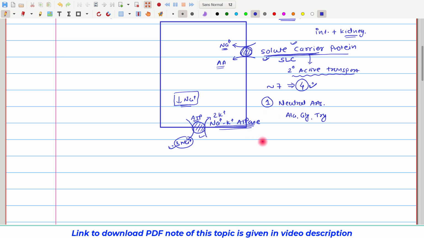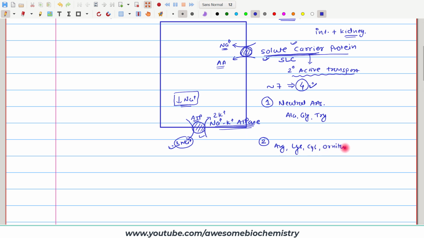The second type of solute carrier protein transports arginine, lysine, cysteine and ornithine. Ornithine is a non-standard amino acid. Arginine and lysine are both basic amino acids. Cysteine is a sulfur containing amino acid.